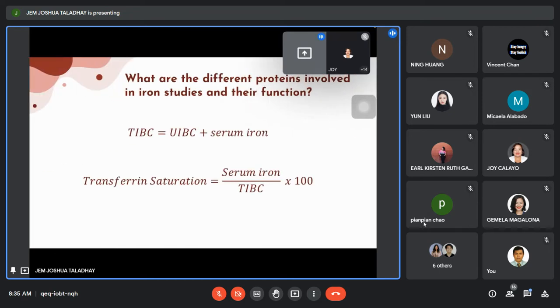For calculations, TIBC is the result of addition of the UIBC and the serum iron, while the transferrin saturation is serum iron divided by the TIBC multiplied by 100, which is expressed as a percentage.